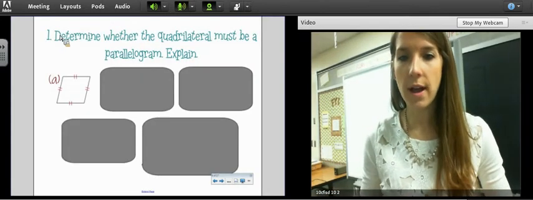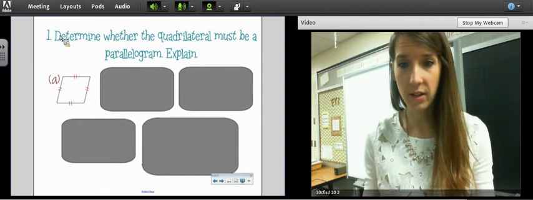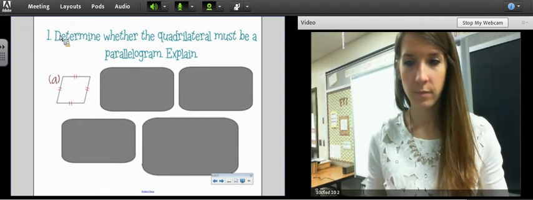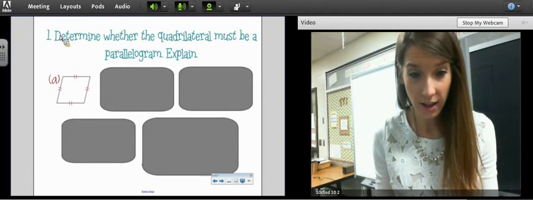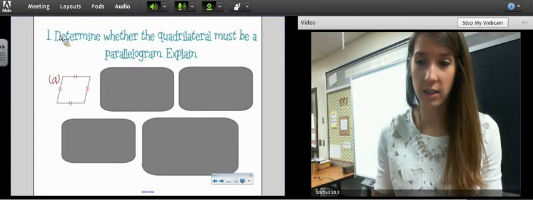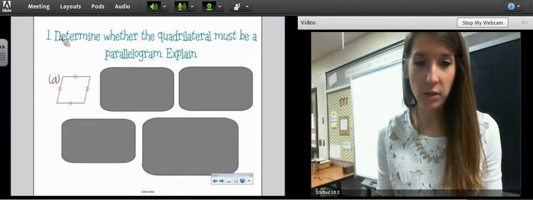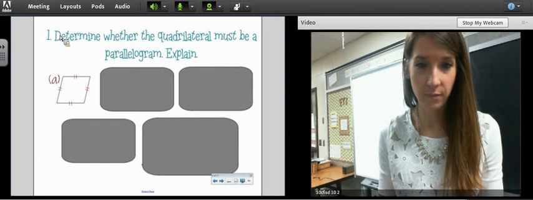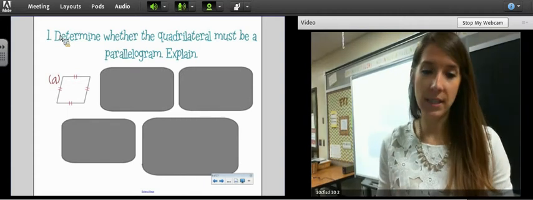Determine whether the quadrilateral must be a parallelogram. Explain. Is A a parallelogram? So you go to your checklist and you look at all the things on your checklist. This parallelogram has some sides marked, so you look at the one that talks about sides. That one says both pairs of opposite sides are congruent.